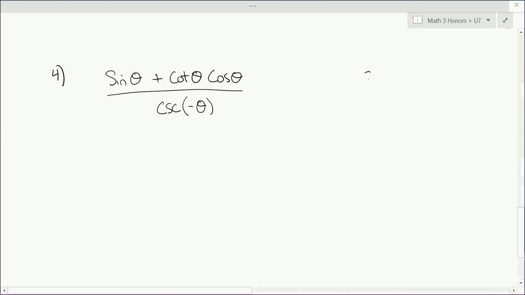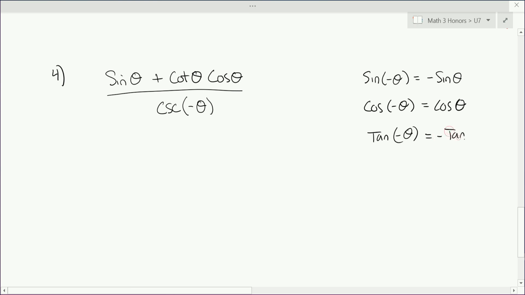It says something like sine of negative theta is equal to negative sine of theta, or the cosine of negative theta is just equal to the cosine of theta. And the tangent of negative theta is negative tangent of theta, right?